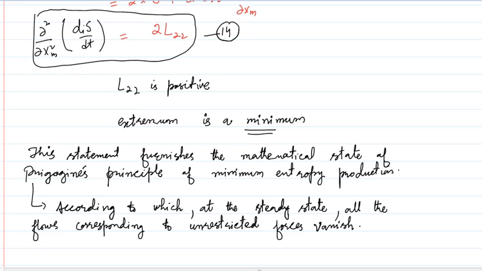Sometimes a graph is also shown for this. Suppose sigma is the entropy production, that means dis upon dt, entropy production per unit time.